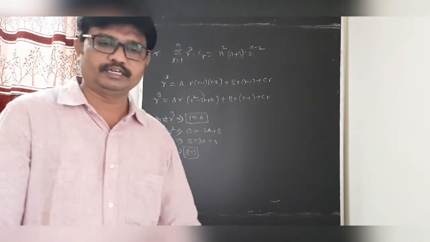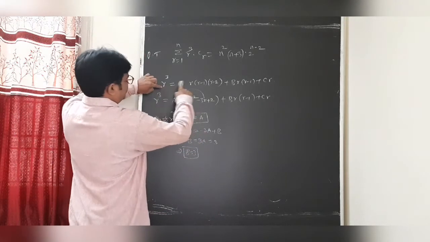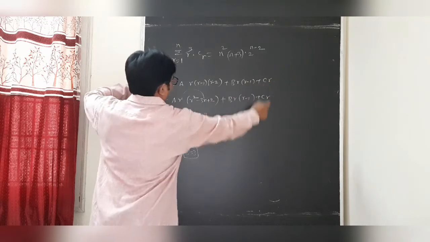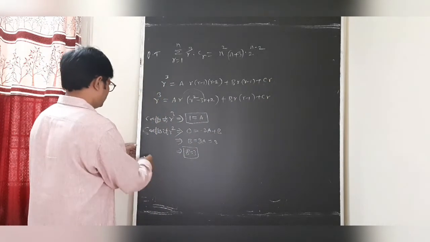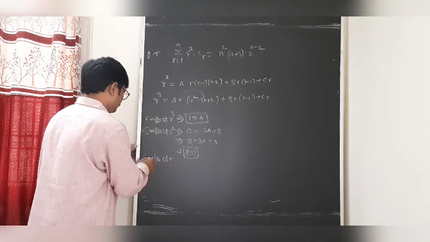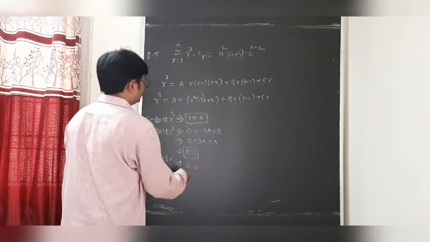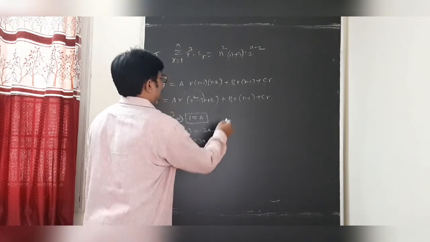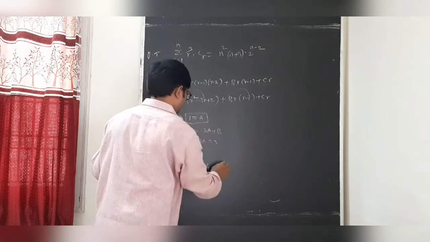One more observation, students: when we take r equal to 1 directly, r cube is 1, this is 1 minus 1, 0, the complete term is 0, so the C value we directly got is 1. Another way, students, is equating the coefficient of r. Here it is 0, the coefficient of r is 2A, here minus B, here this is C.